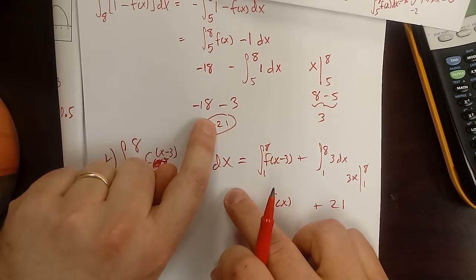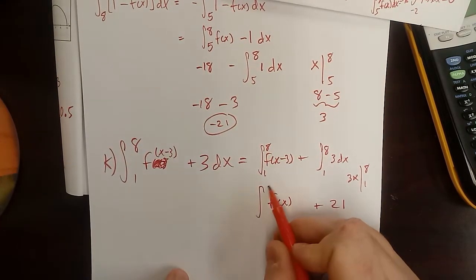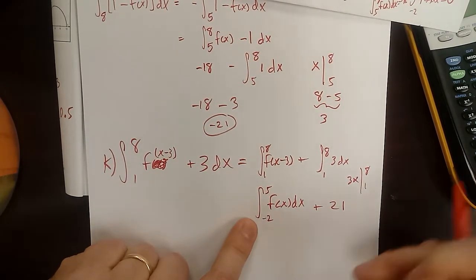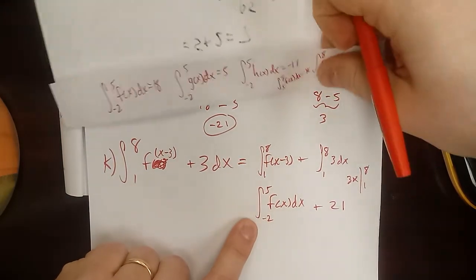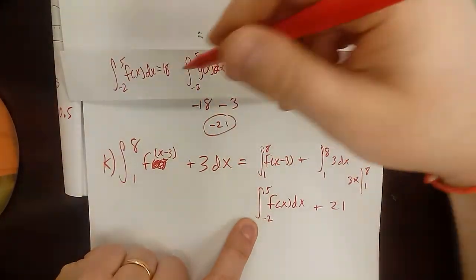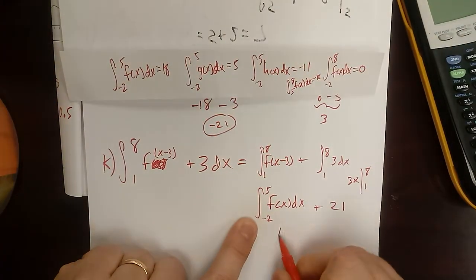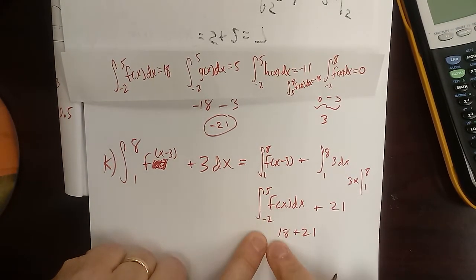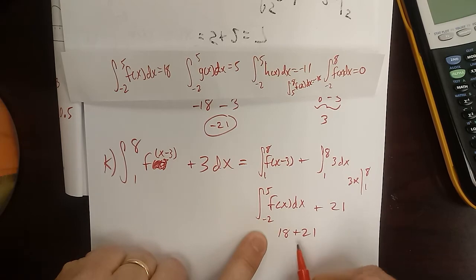Go 1, 2, 3 to the left. This will be 5. This will be negative 2. And now this is a number we know. So let's see. That's going to be 18 from our known values plus 21. So that's 18 plus 21 is going to be 39.